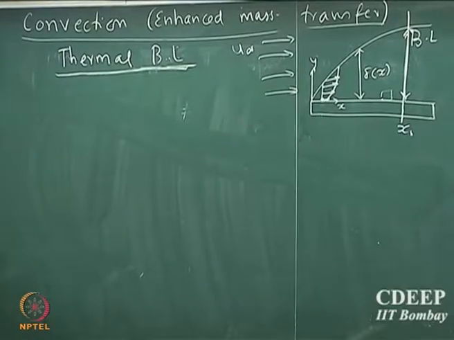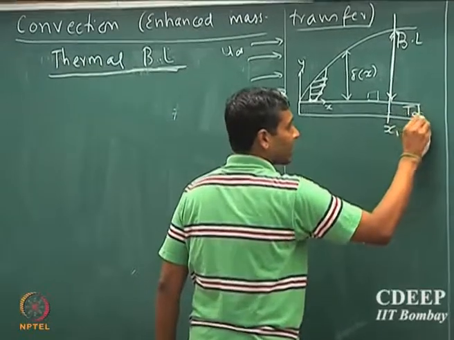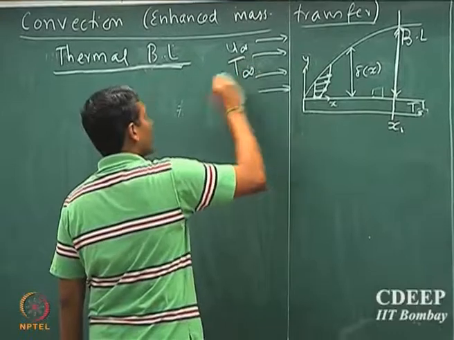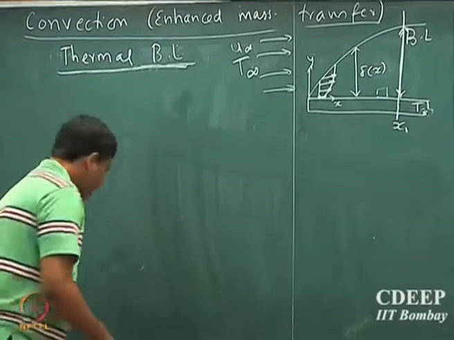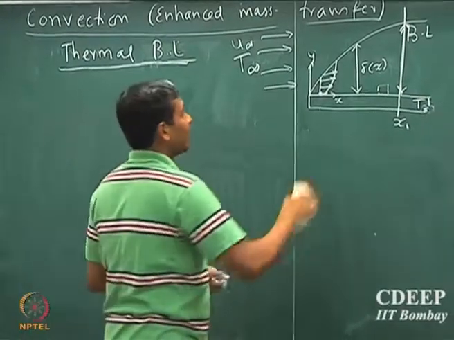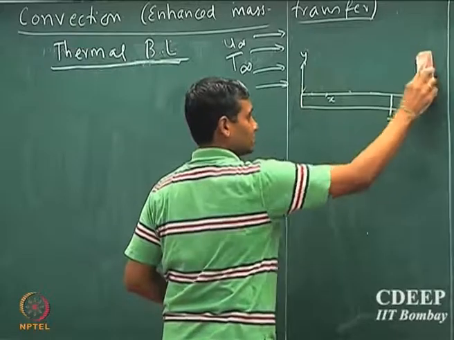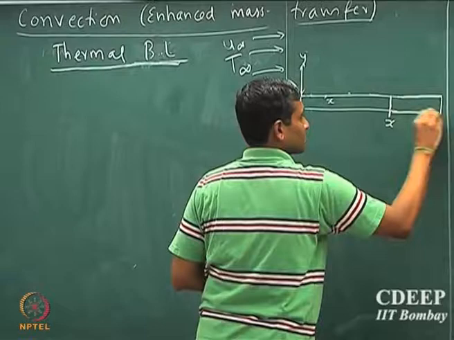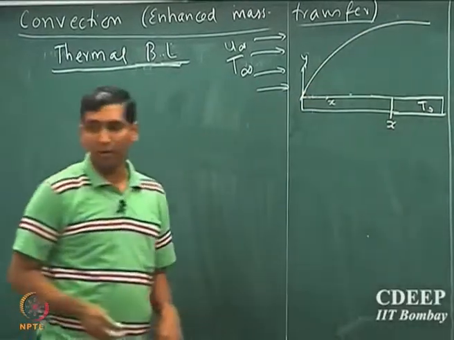Suppose the temperature of the flat plate is Ts, and the temperature of the free stream fluid is T infinity. Now there is going to be a boundary layer, and that is the thermal boundary layer.